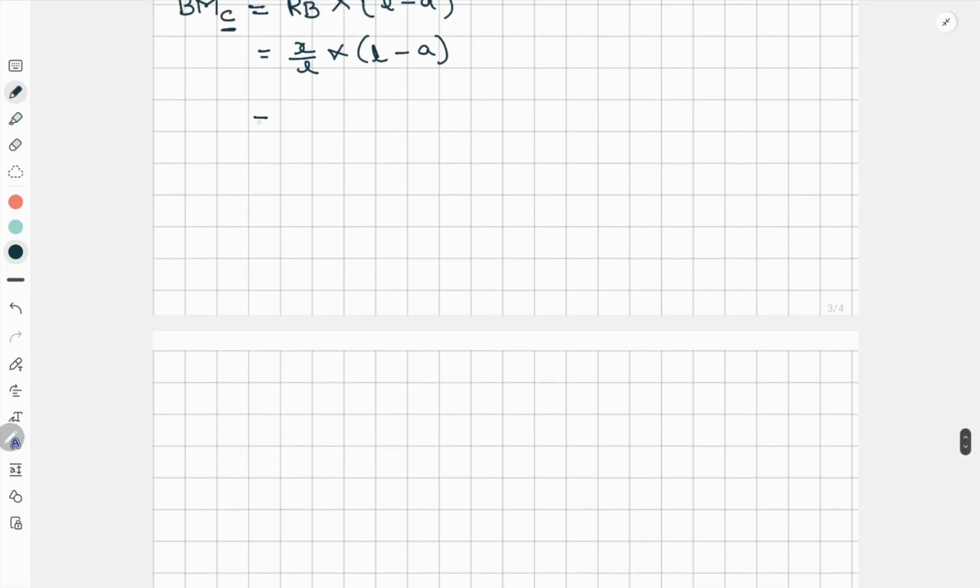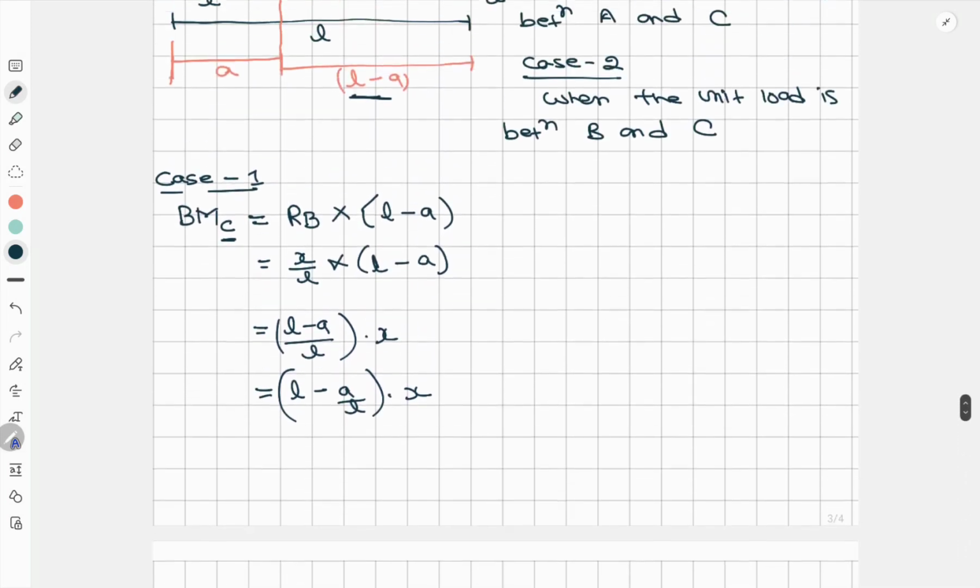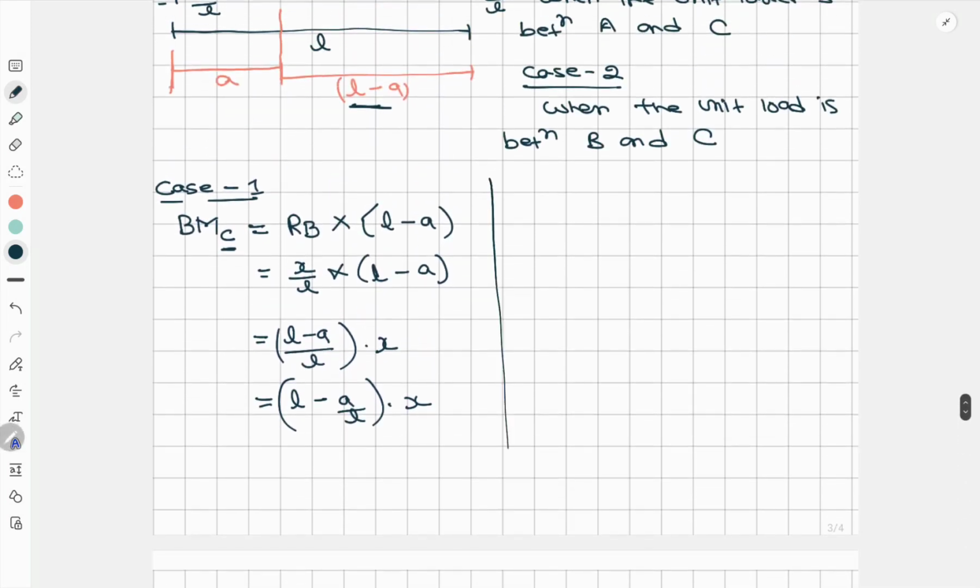So here we'll keep the x that side, then it will be (L minus a) by L into x. Now we'll apply a boundary condition here.